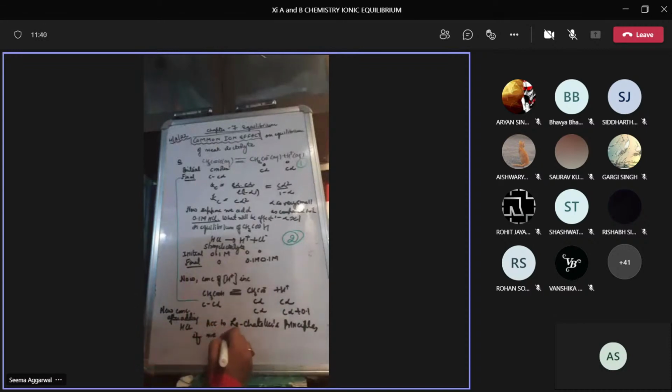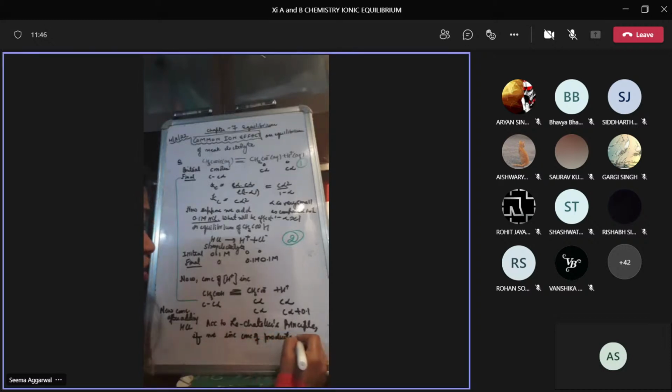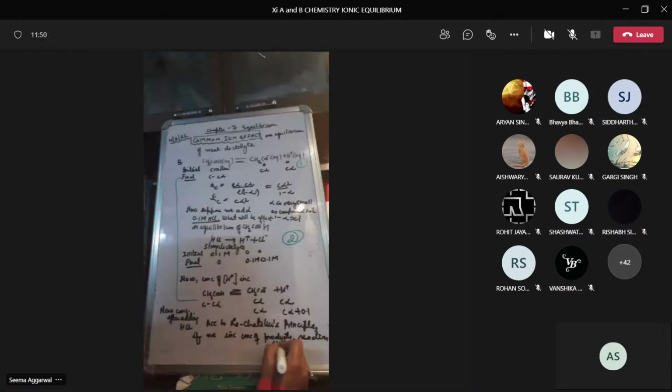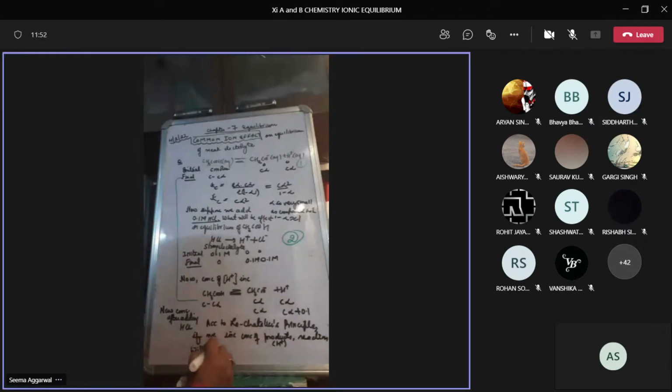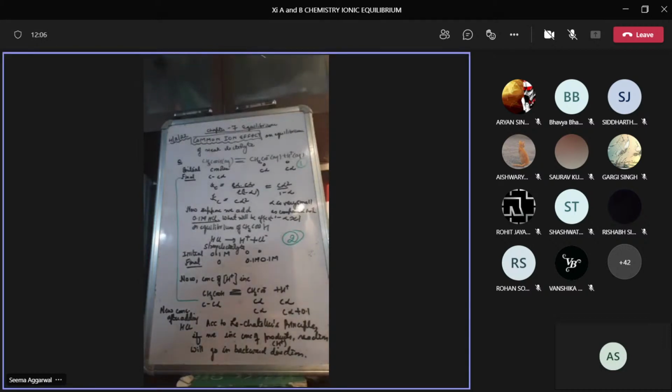If we increase the concentration of products, the reaction will go in which direction? Backwards. The reaction will go in backward direction. Is it okay?